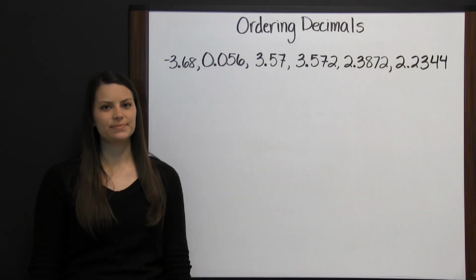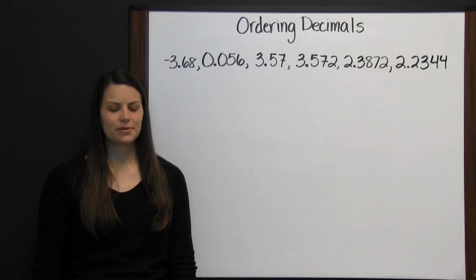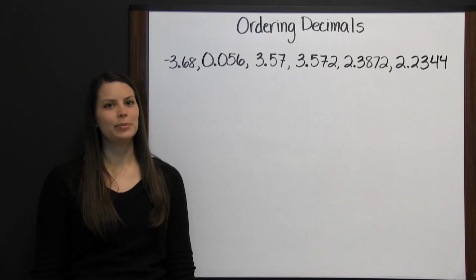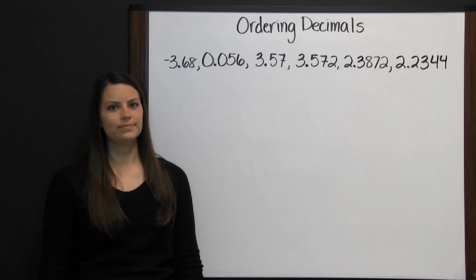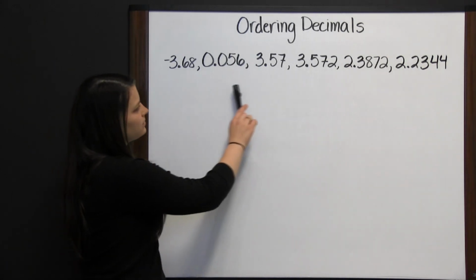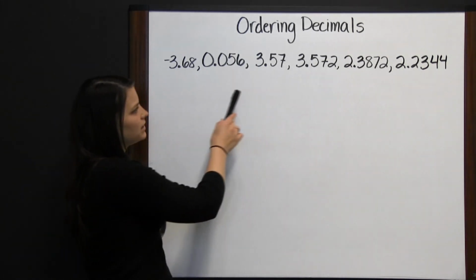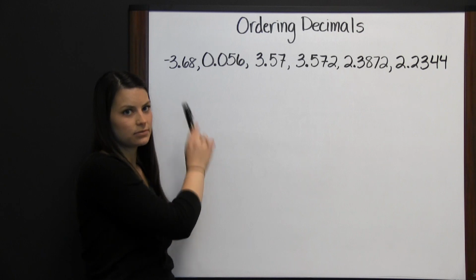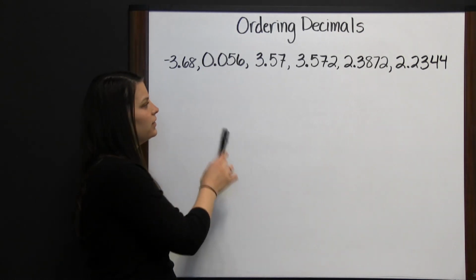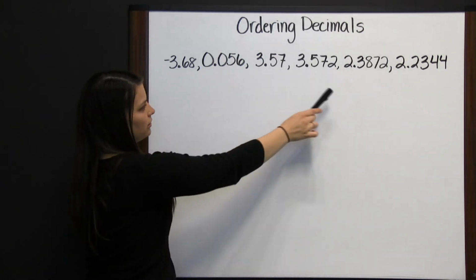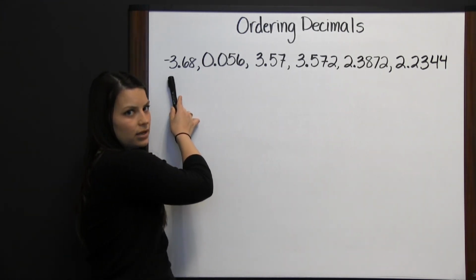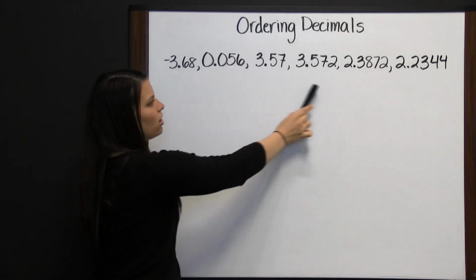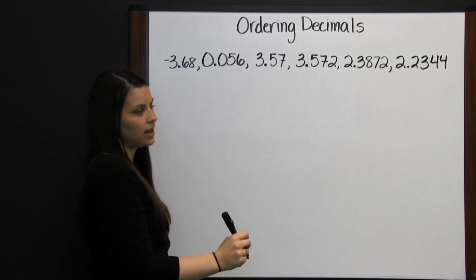Ordering decimals. When ordering decimals, place value is very important. We're going to begin by looking at the numbers to the left of the decimal. So if we're ordering these numbers from least to greatest, then the smallest number to the left of our decimal is this whole number, -3. -3 is the smallest whole number out of our whole set.